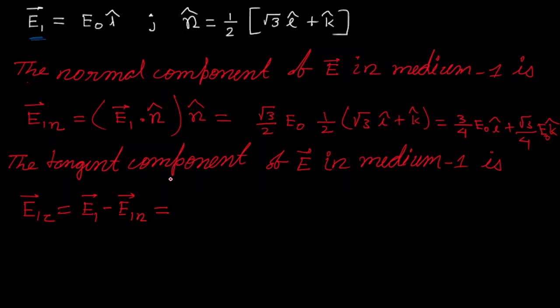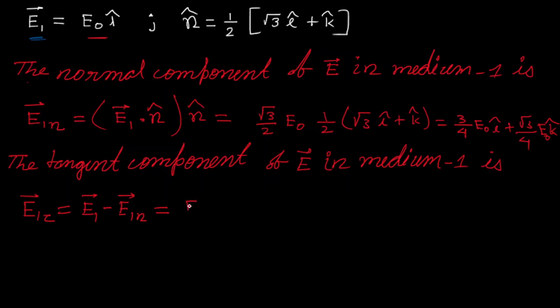So if we put this together, this is E1 and this is the normal component of E1. When you put this together, you will get the tangent component of electric field in medium 1.